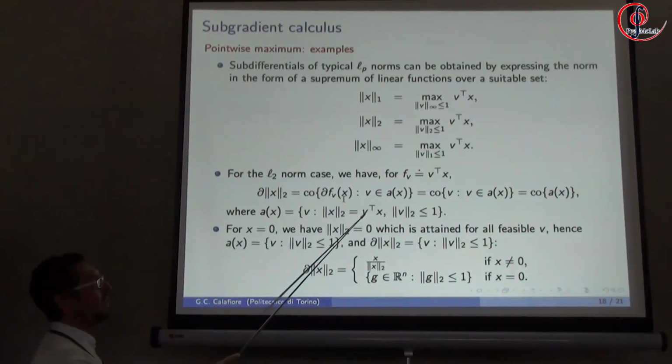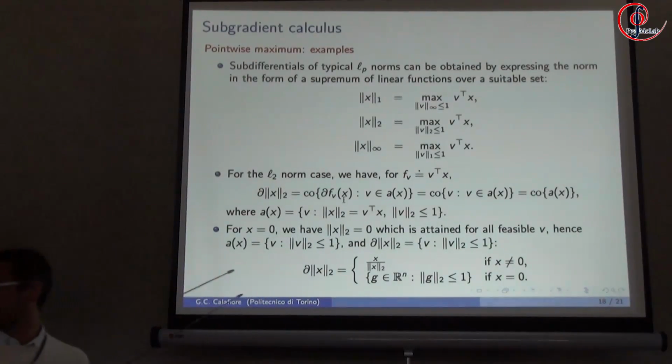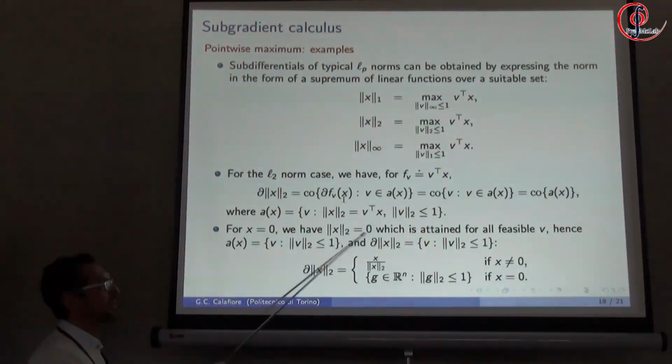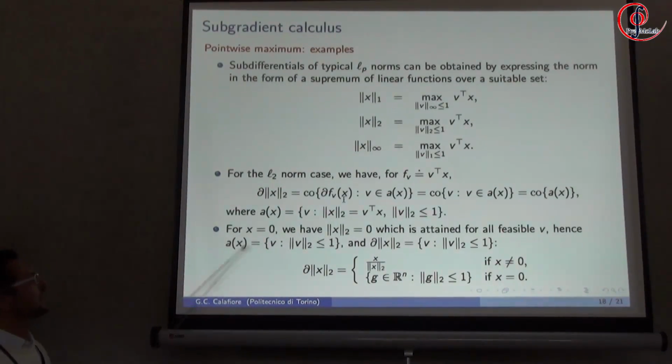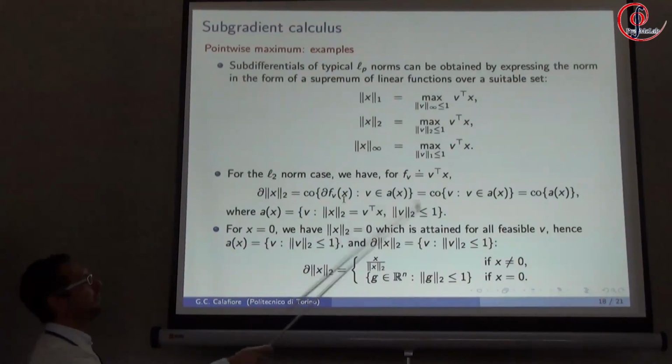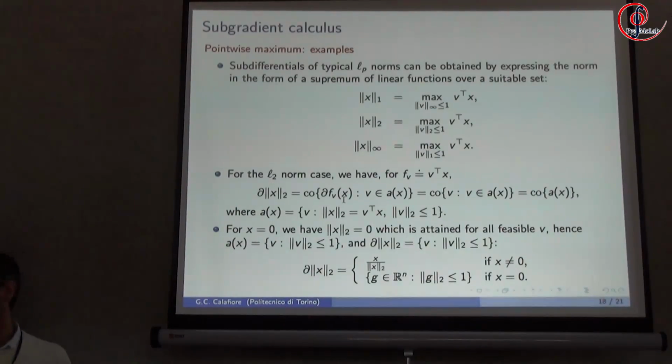Well, it is attained for any feasible v. Any v in this inner product gives 0. So any v is active. And therefore, the active set is just the set of v whose 2 norm is bounded by 1.